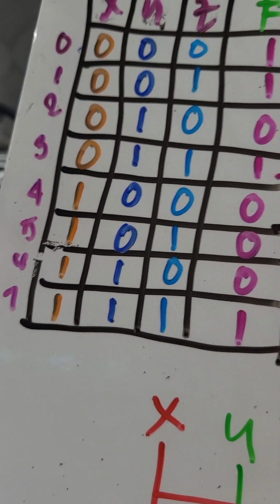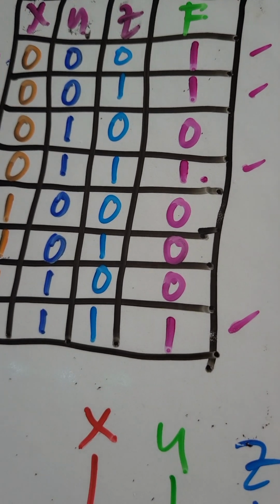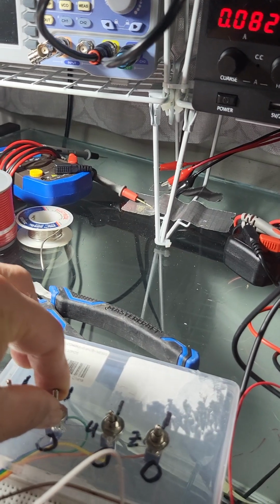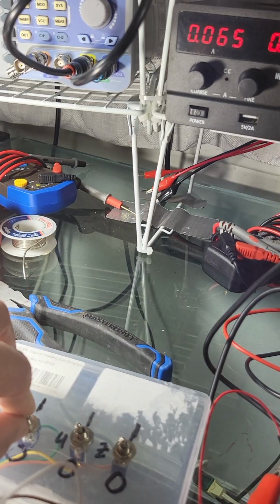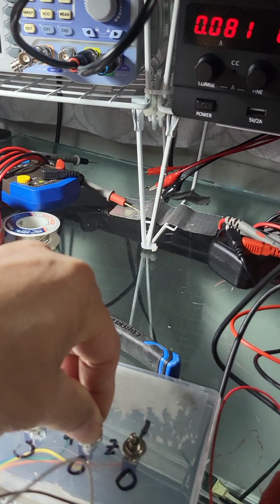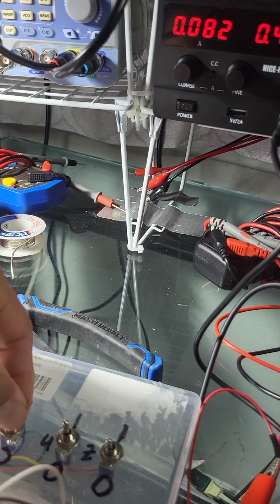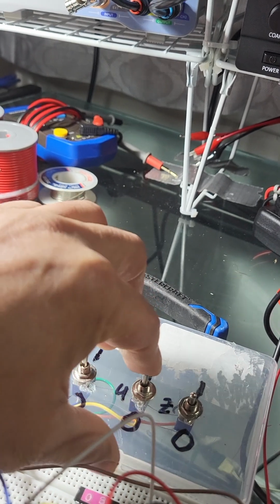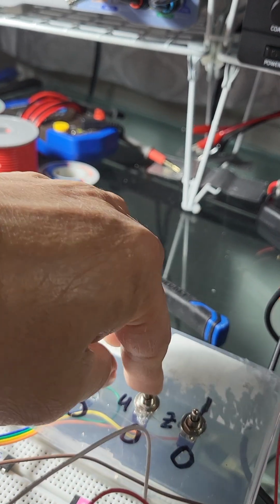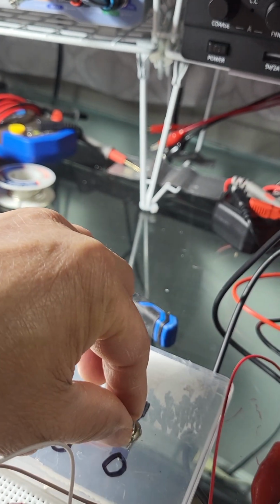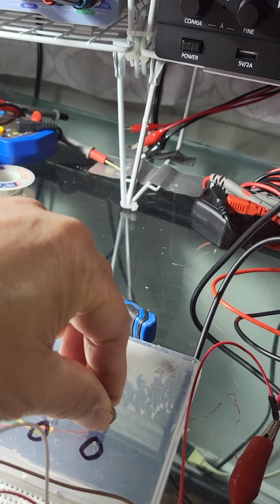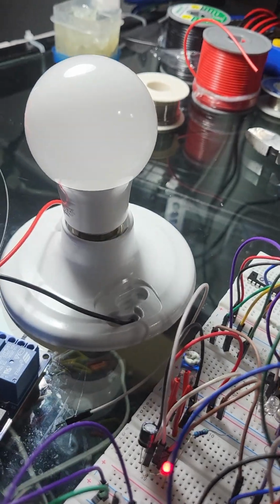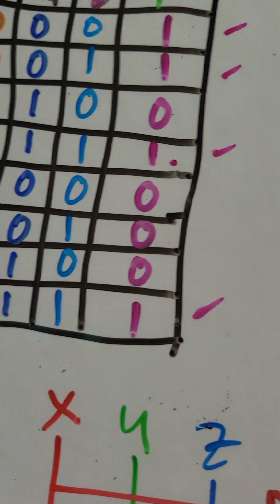And the fifth, 1, 0, 1, output is 0. X is 1, Y is 0, and Z is 1. Okay, so no output, 0 output.